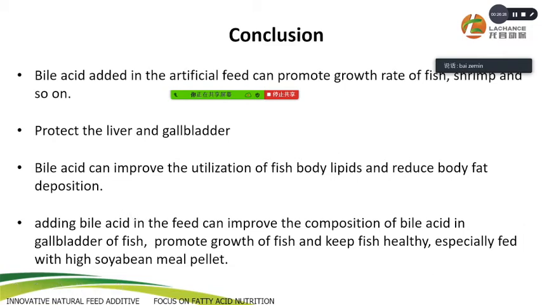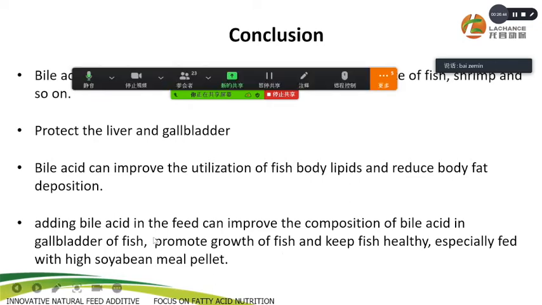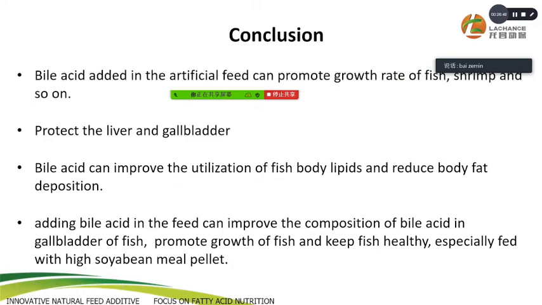And when we replace fish meal with plant protein, if we add some bioacid, it will definitely promote the growth of the fish and improve the feed efficiency. I mean, now we found that for more than 40% replacement, we need to add some bioacid.